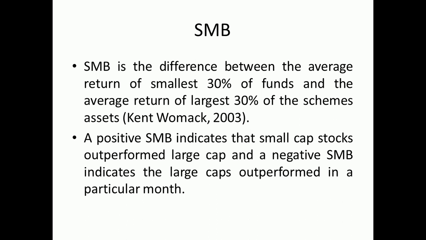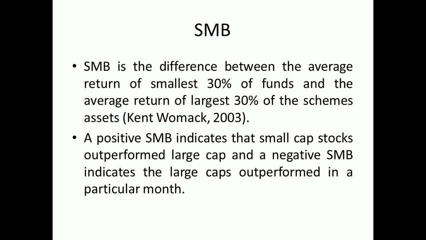So I also have taken 30 percent of funds and the average return of those funds' assets. A positive SMB indicates that small cap stocks outperformed large caps, and a negative SMB indicates that large cap funds outperformed small cap funds in a particular month or year.